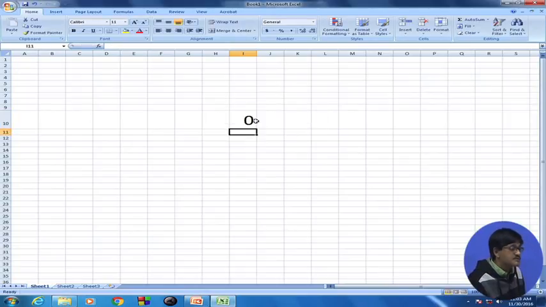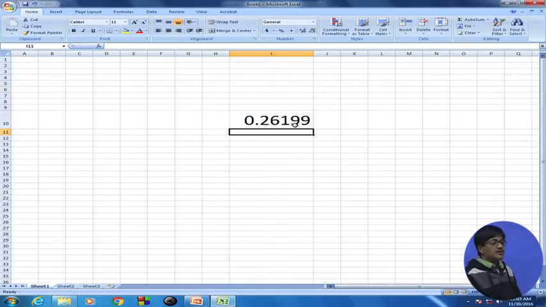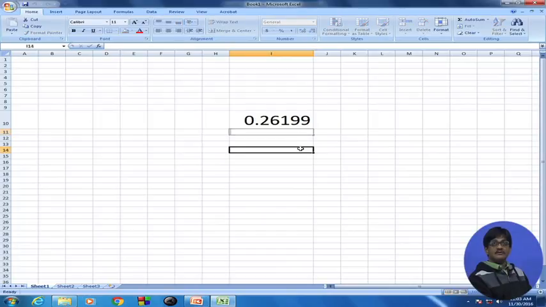Am I making some mistake? No, that is it. 0.26199. So, this is coming out to be the value of r.